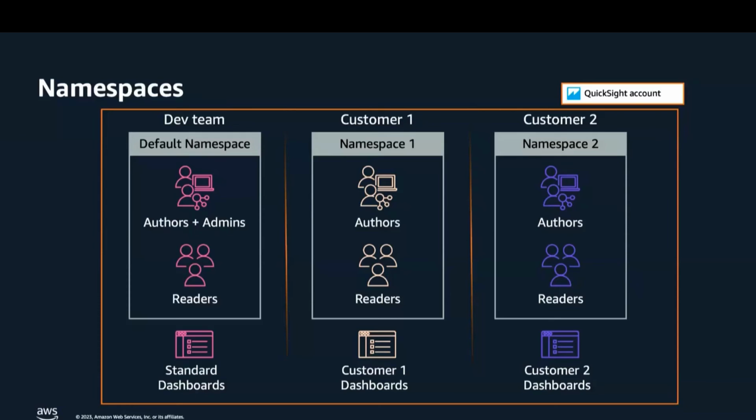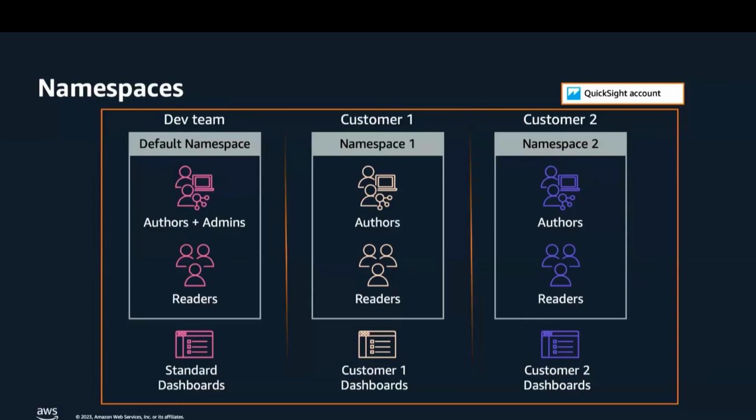Now, with namespaces, all of the author users that you've created in namespace 1 can create and share out assets with other users or groups only if they are created and part of namespace 1. So an author in namespace 1 is unable to share any dashboards or analyses with users outside of this namespace, so they can't share it with a user in namespace 2 or in the default namespace.